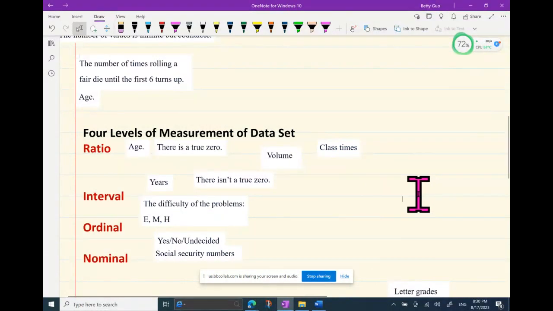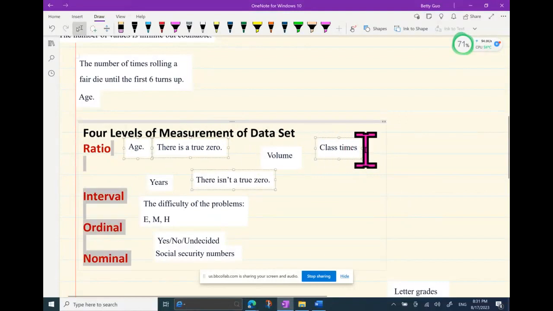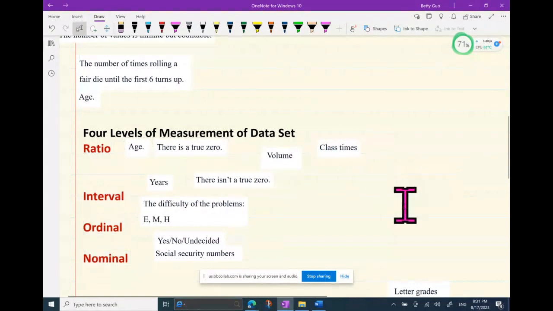If something happened and the class only lasts 30 minutes when it's supposed to be 1 hour, then the regular time is twice the shortened time. Class time is a ratio, okay? It has a true zero. If we cancel the class, 0 minutes, right? Does that make sense? Do you agree? That makes sense. We agree.